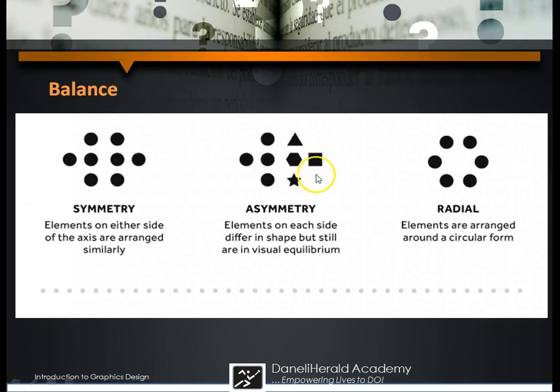These are the dissimilar shapes. However, they are still arranged just like the similar shapes, and they are just basically inverted with the spaces in between them, just like this. They're not the same shapes, but you are having the same visual equilibrium. They seem to be just alike.